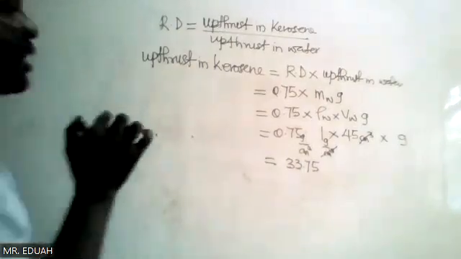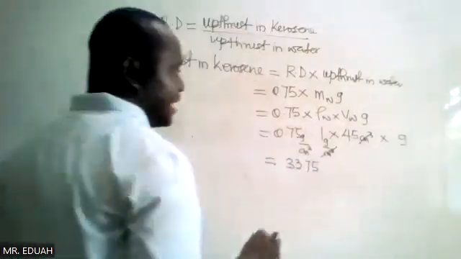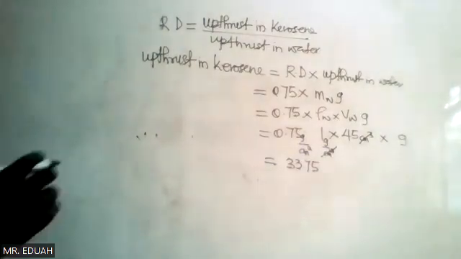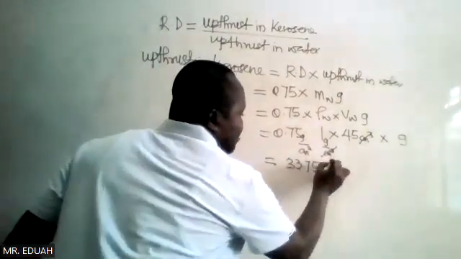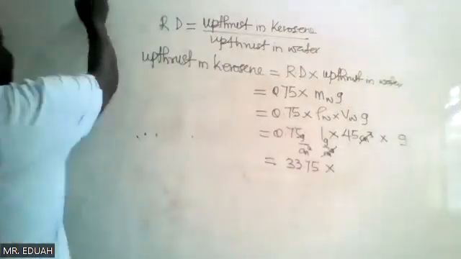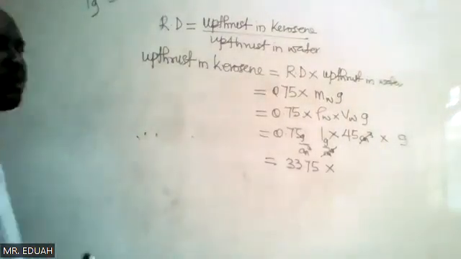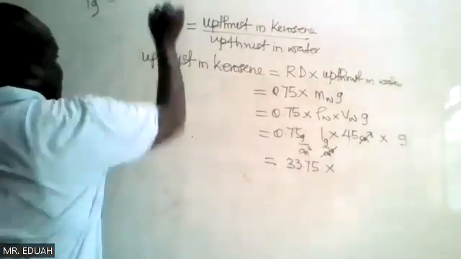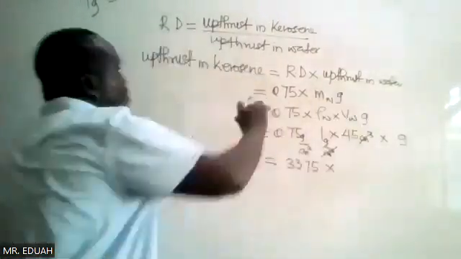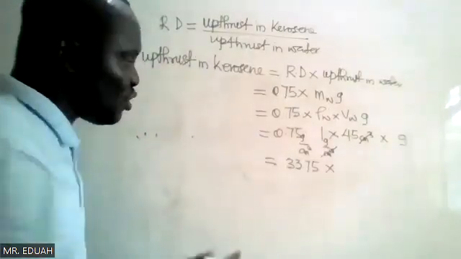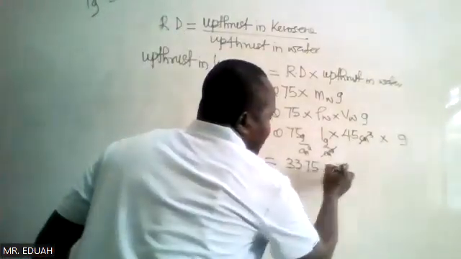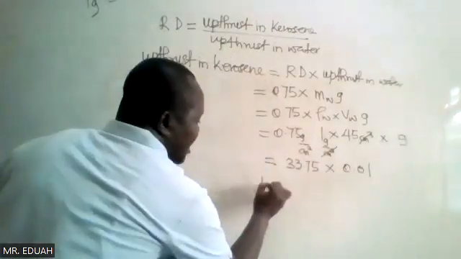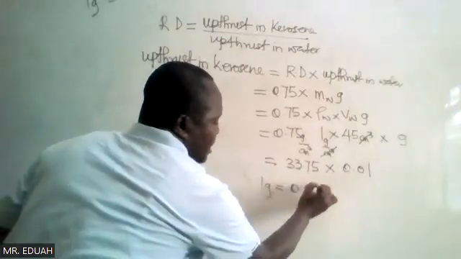Now, at the end of it, we are going to multiply this by gravity. 1 gram mass has a weight of 0.01 Newton. So instead of converting the masses into kilogram, just multiply this by 0.01. The reason is that 1 gram mass weighs 0.01 Newton.